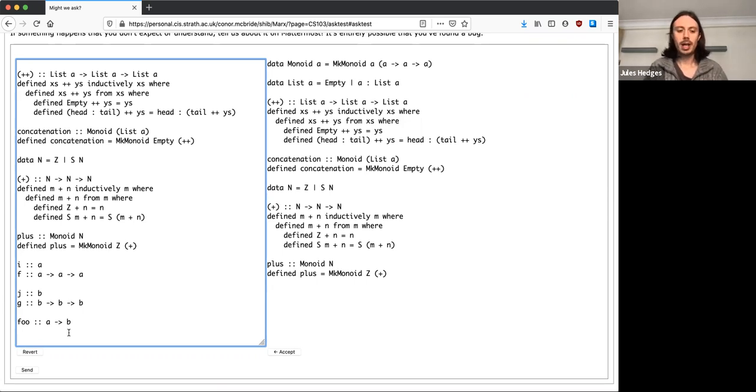So let me tell you exactly what I mean. I am asking for two extra equations to hold involving this function foo. The first is that if you input the neutral element of the first monoid, you will get the neutral element of the second monoid.